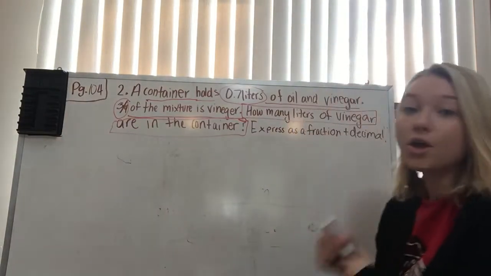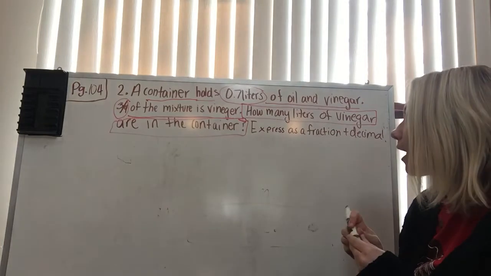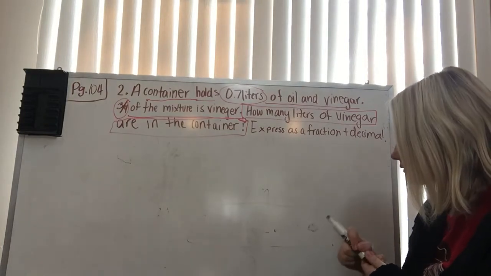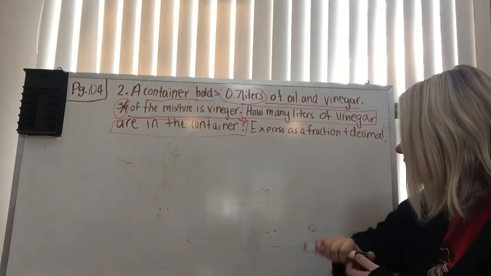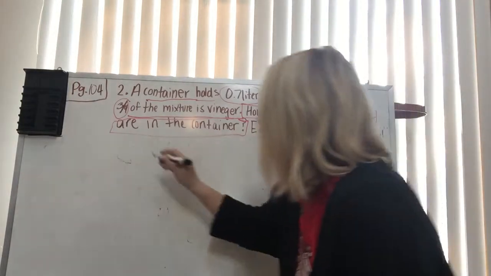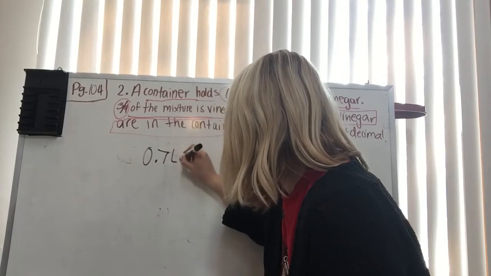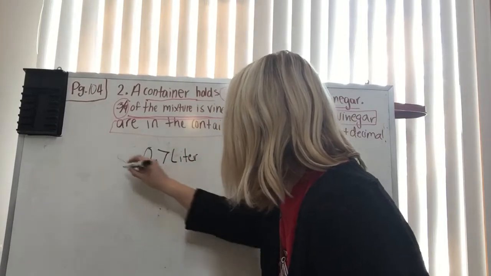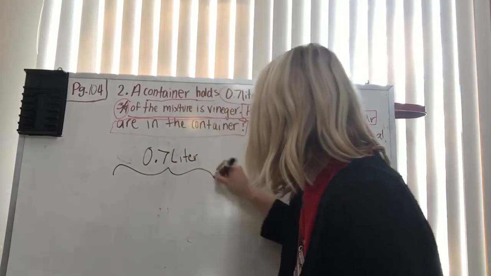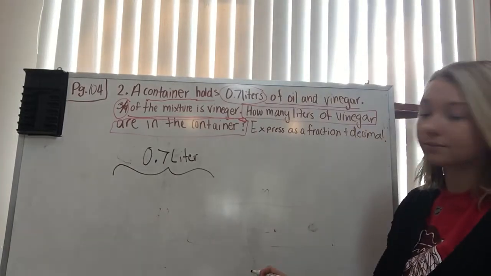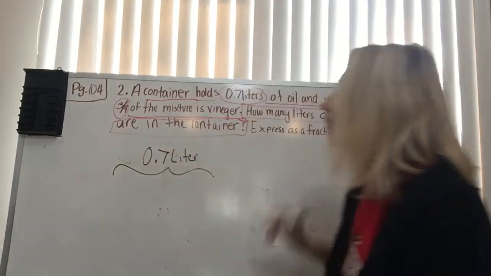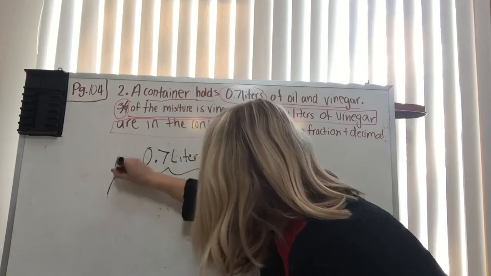So now we're going to do our tape diagram. Let's see, we have a total of 7/10 liters of vinegar and oil, but only 3/4 of the mixture is vinegar.